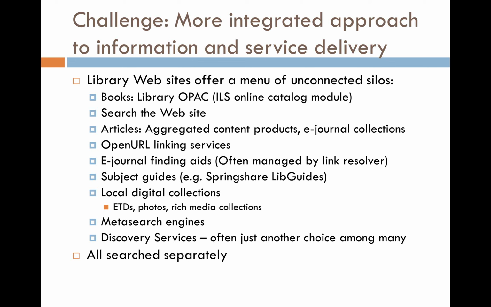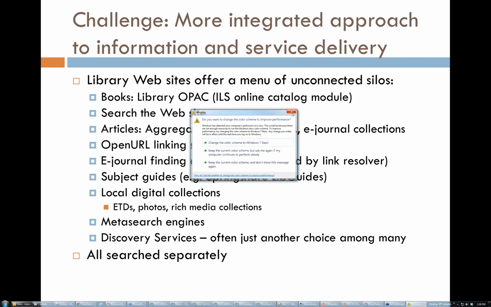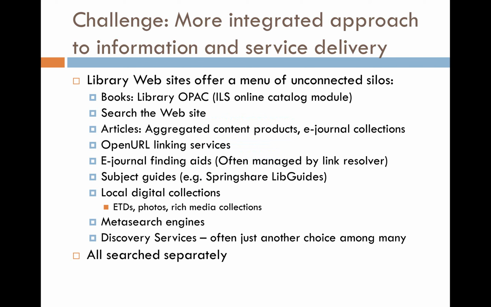We may have some search components such as the library's online catalog or discovery system, another search box to search the website, different finding tools for articles. Libraries are heavily invested in scholarly articles, so there tends to be a lot of tools for helping users get to those articles, OpenURL link resolvers, that kind of thing.